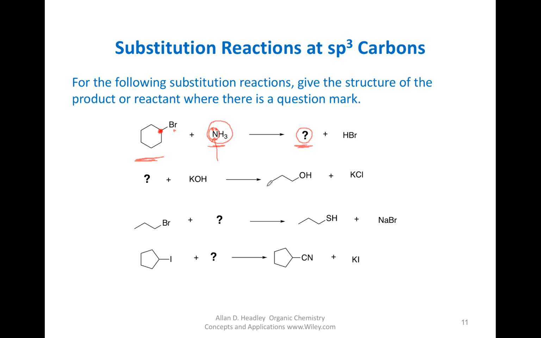Here's another example. Here we don't know what the electrophile is, but obviously it is an electrophile since we have here potassium hydroxide, which has at least one unshared pair of electrons. Remember, this is OH negative and K plus. And the OH negative has at least one unshared pair of electrons.